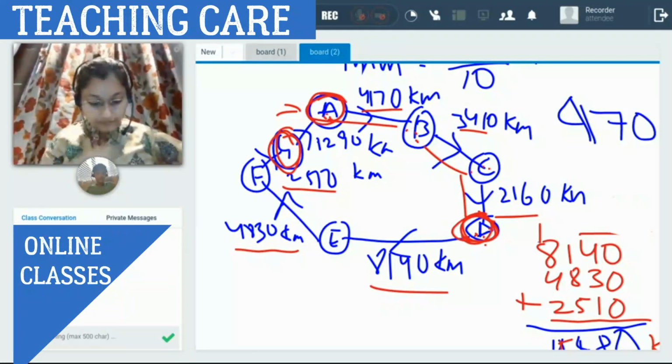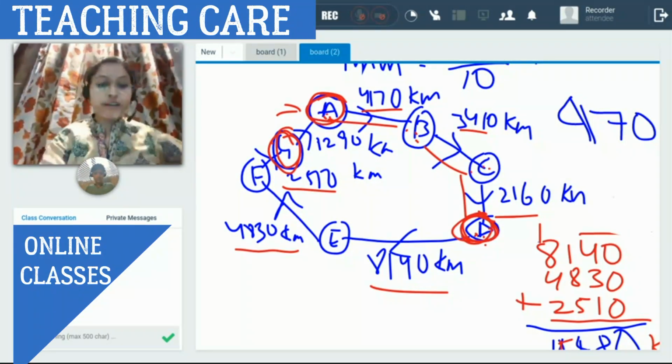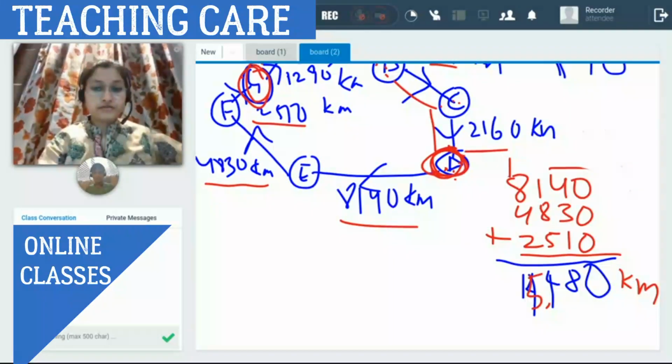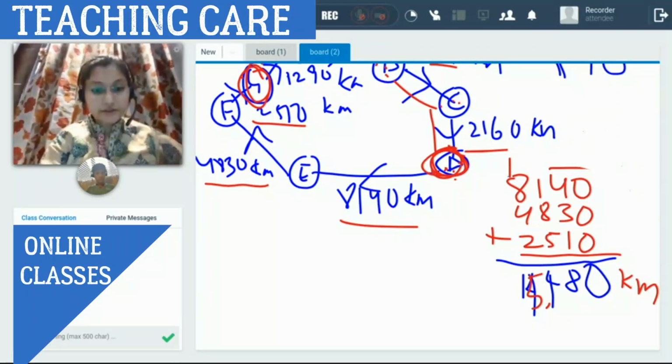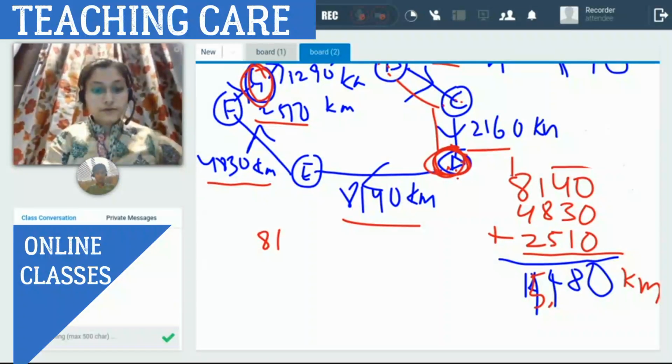Then you have to find the difference of distance from C to D and D to E. Got it? What I'm asking?